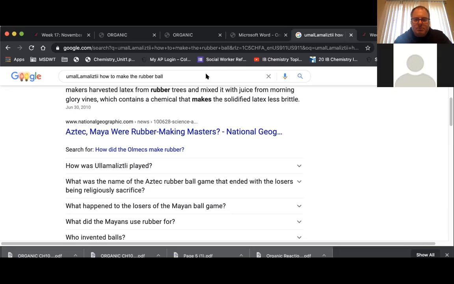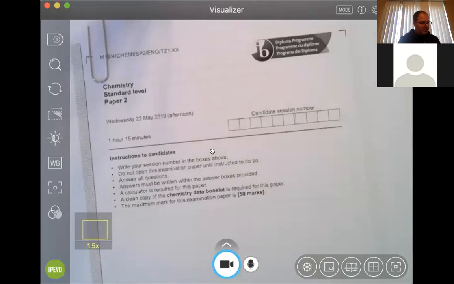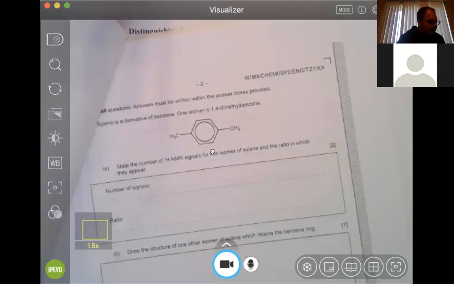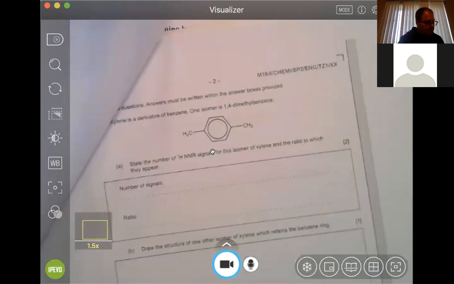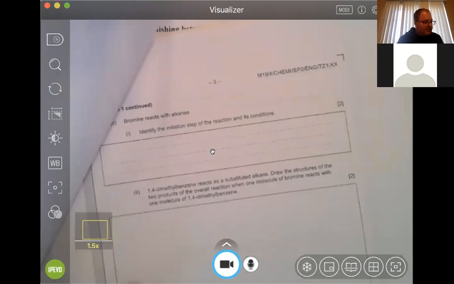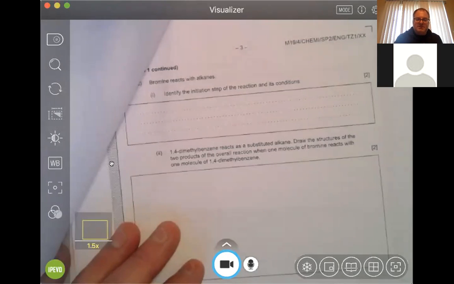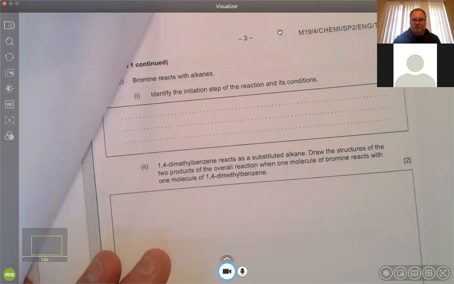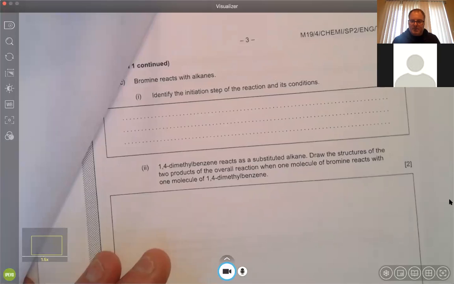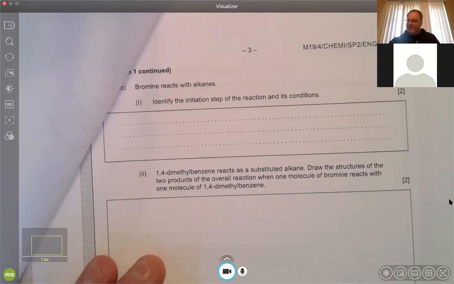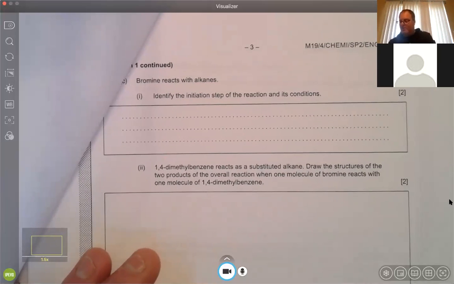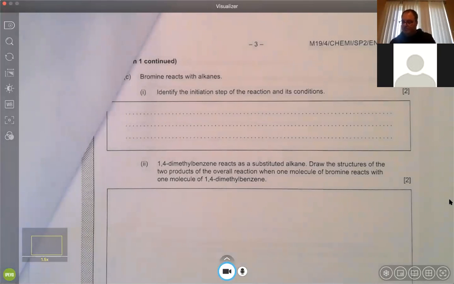All right. So if we take a look, can you see this okay? Yeah. So this is in a sense how that would be tested. Identify the initiation step for this.